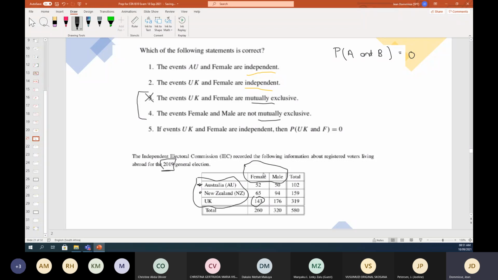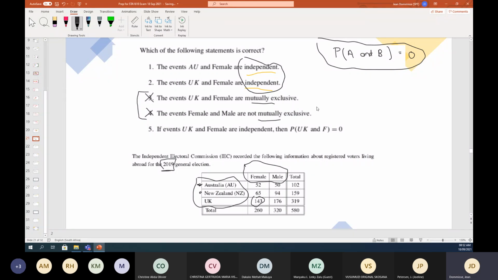Again, if we look at that, you can't be male and female. So that is also incorrect. So the mutually exclusive one is sometimes easier to do when we have a table, because you can definitely see out of a table already if it's mutually exclusive or not. So let's look at the next one, of independence.